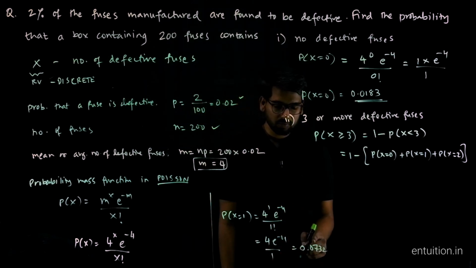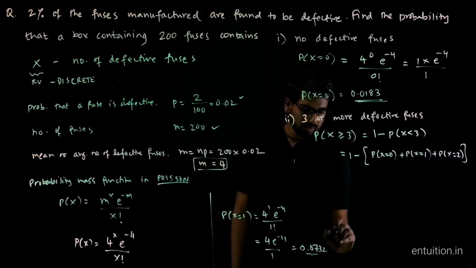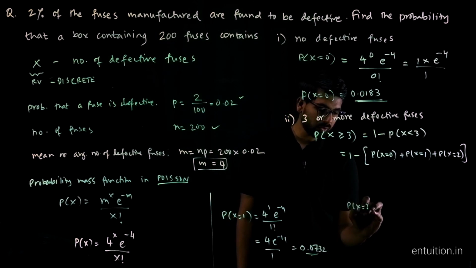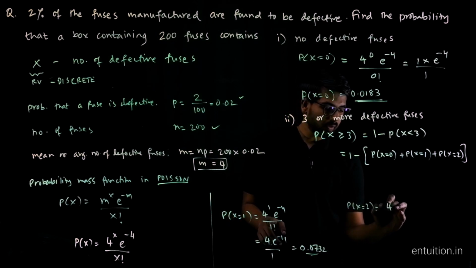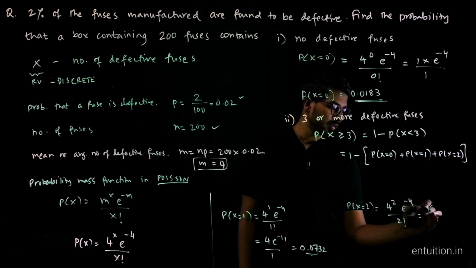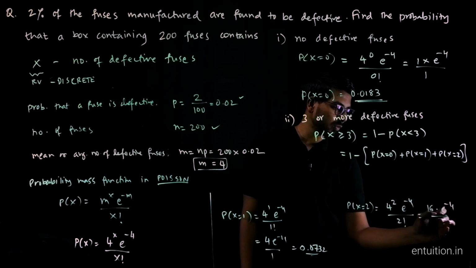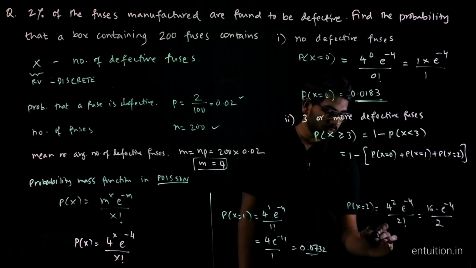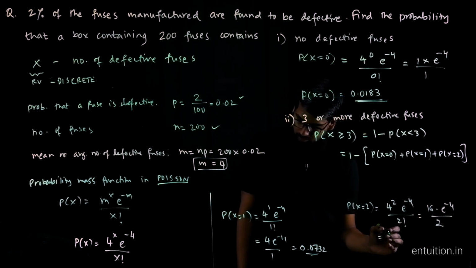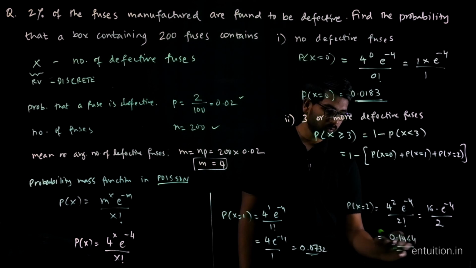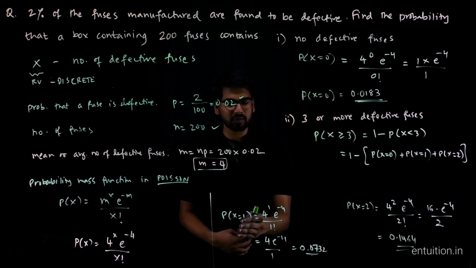Okay, so that is the probability that x equal to 1. Similarly, probability that x equal to 2 is 4 power 2 e power minus 4 by 2 factorial, that is 16 into e power minus 4 by 2. So that will be 0.1464. Okay, so probability of x equal to 2 is this, probability of x equal to 1 is this.